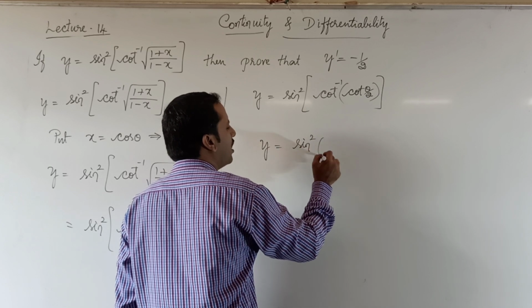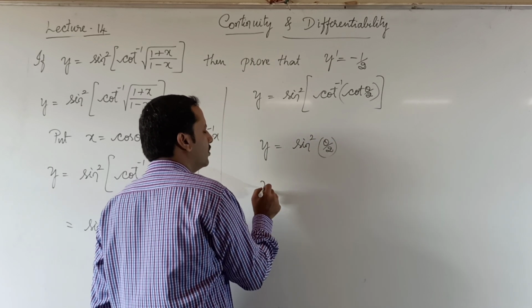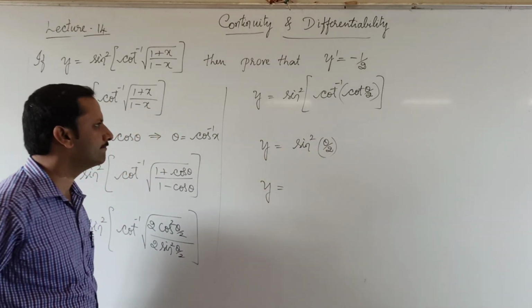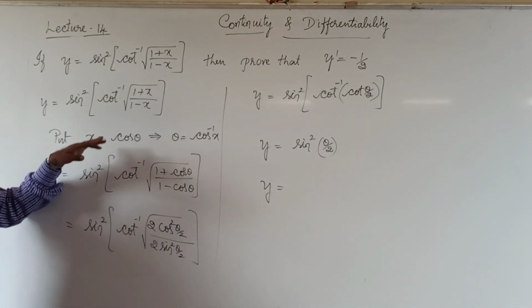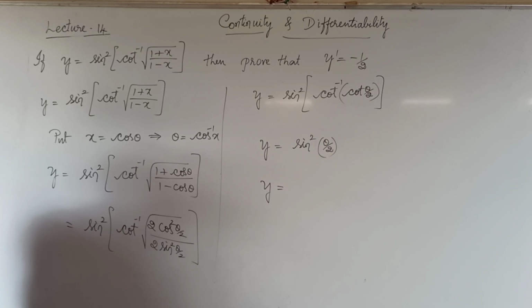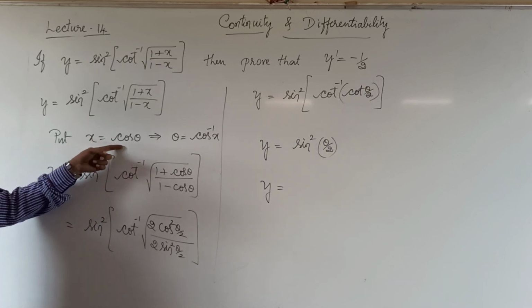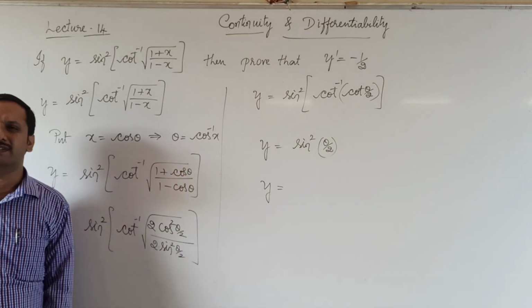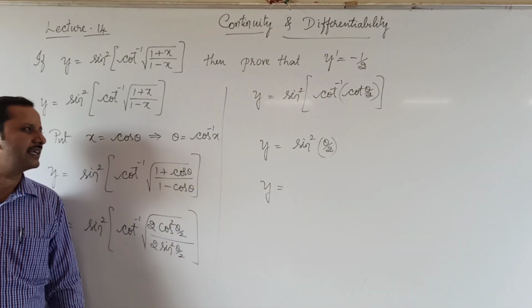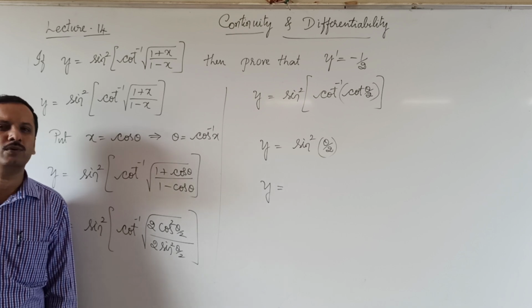Cot inverse of cot theta by 2 is equal to theta by 2. So this expression we have reduced to sine square theta by 2. We have taken x as cos theta, so theta will be cos inverse x. Now if I substitute, I am going to get sine square of 1 by 2 cos inverse x.